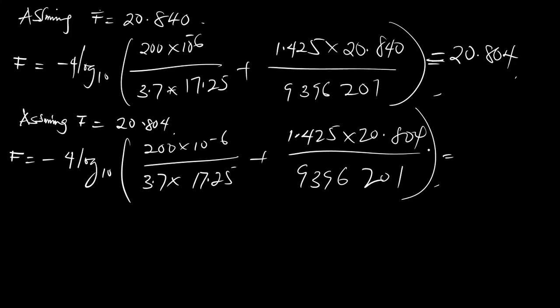Minus 4 times log 200 times 10 raised to power minus 6 divided by 3.7 divided by 17.25 plus 1.425 times 20.804 divided by 9,396,201 bracket close equal to 20.